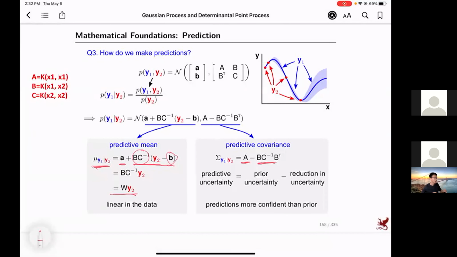So here we assume that everything is always jointly Gaussian. For Gaussians, we don't need to come up with a reference distribution like in variational inference. We can always write down the analytic form of our prediction. In this case, the predictions we want to make are just these y1s, where we observe the corresponding x but don't know the y. So we use this conditional distribution to make the prediction.